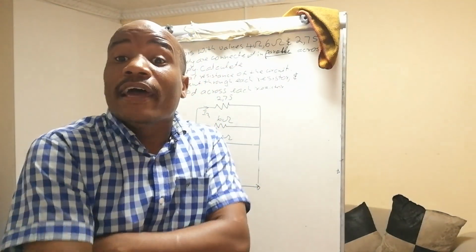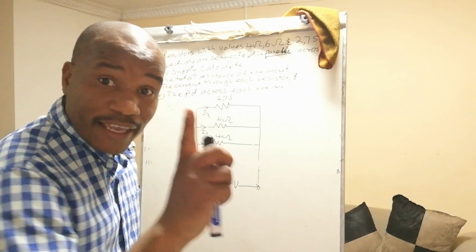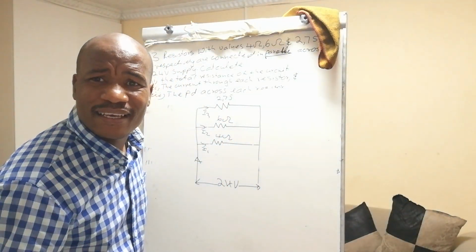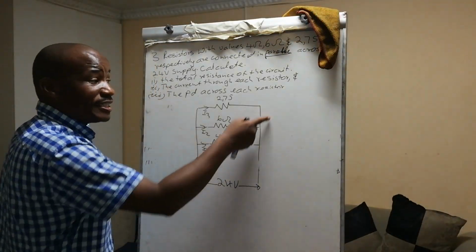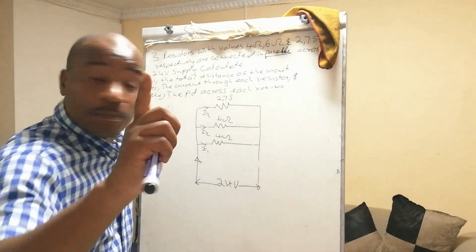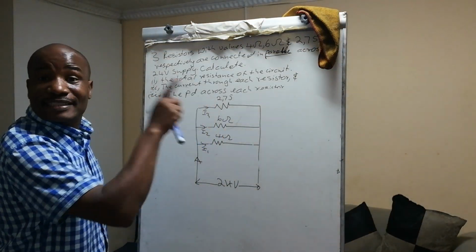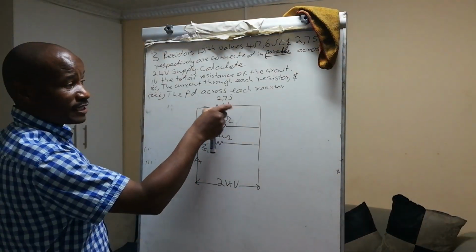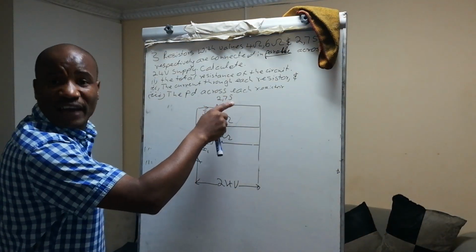It's true. And the second rule, since these resistors are in parallel, the total resistance of this particular circuit should be smaller than the smallest resistance of this circuit. You see, the smallest resistance of these three is 2.75.